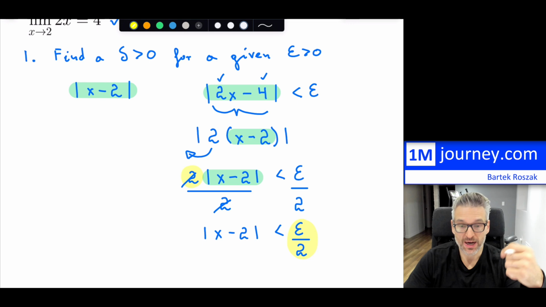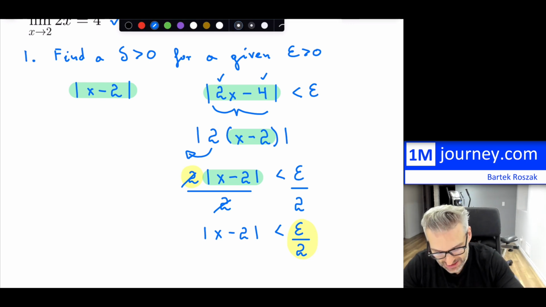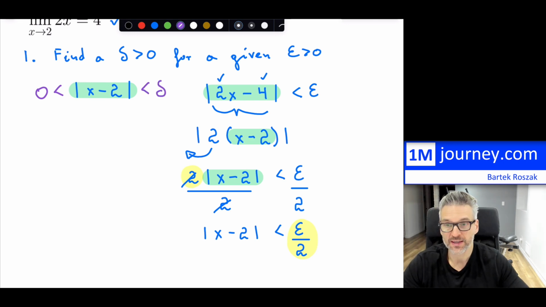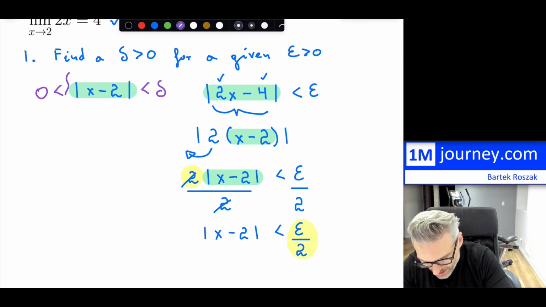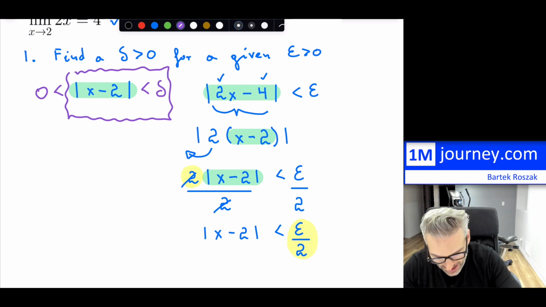So now what I will do is say, all right, this looks exactly like what I wanted. So notice if I go back to the original, this was supposed to be greater than 0, and it was supposed to be less than a delta. And now this right here is what I wanted to have, and I found it right there.